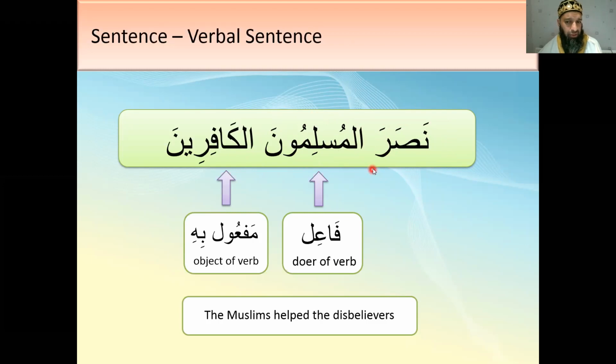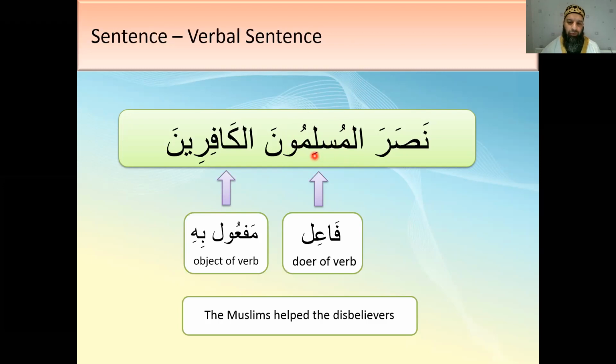Is that always the case when the pronoun's not used? If it was they all helped the disbelievers, then it would have been the plural form of the verb. Even if it's the other way around. If you were having to use a pronoun instead of a noun, instead of Muslims, it would have been they. They helped the disbelievers.